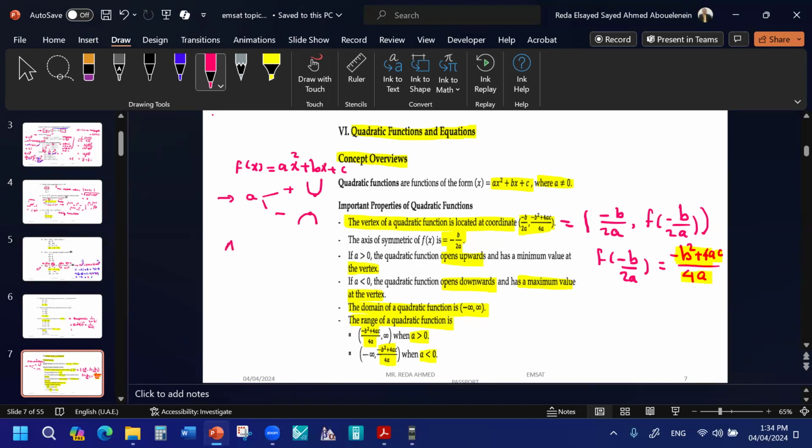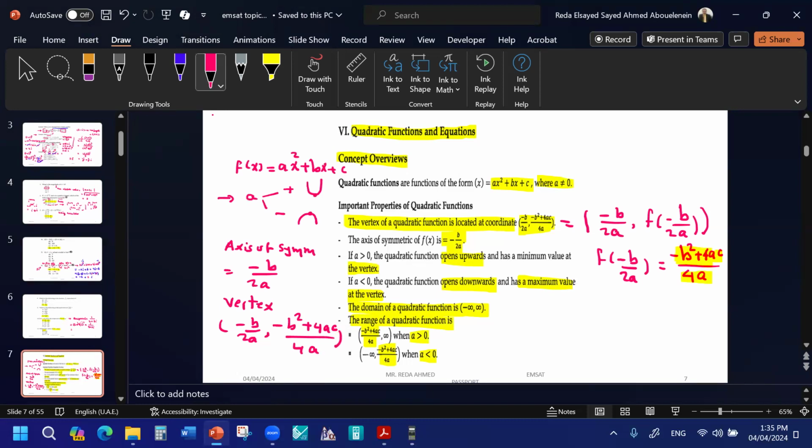And we have the axis of symmetry, which will be negative b over 2a, and the vertex will be negative b over 2a and negative b squared plus 4ac divided by 4a.